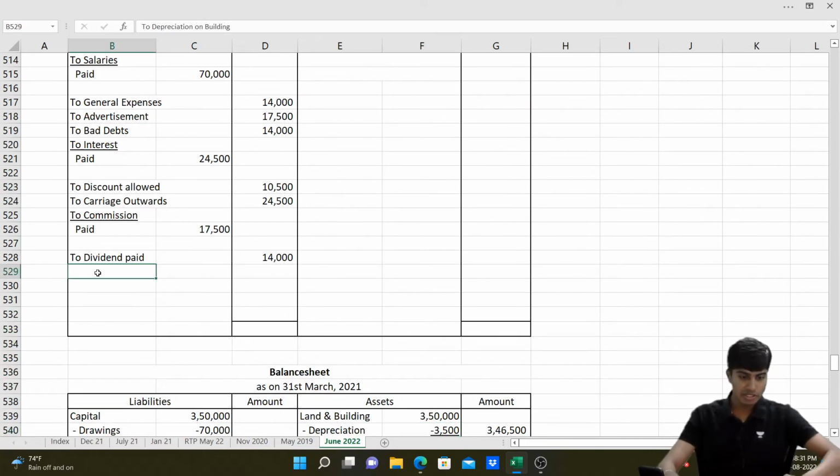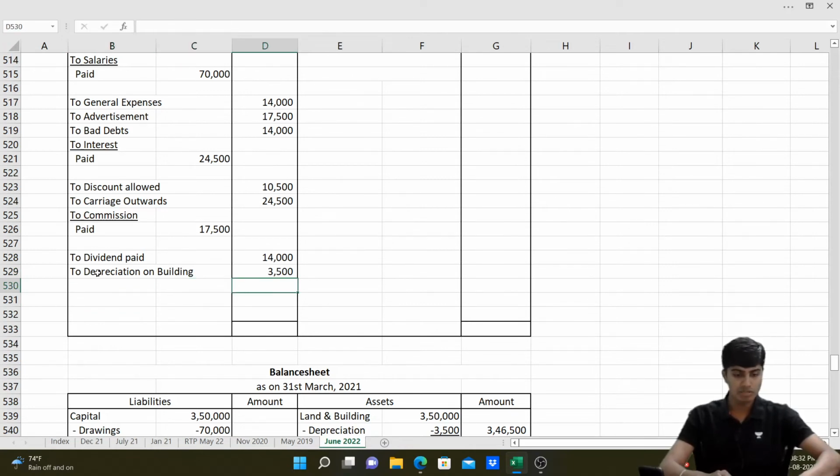So let me do that. In my P&L account debit side, I'll write to depreciation on building. How much is that? That's 3,500.